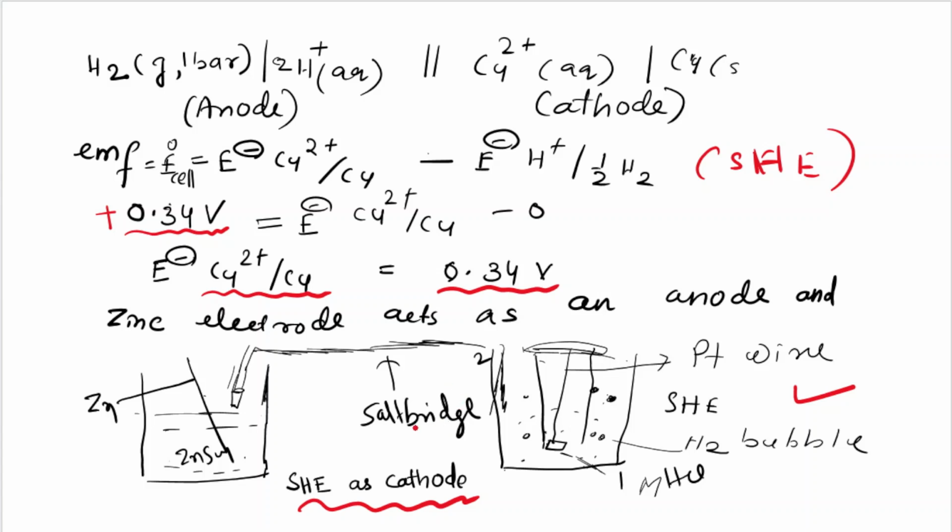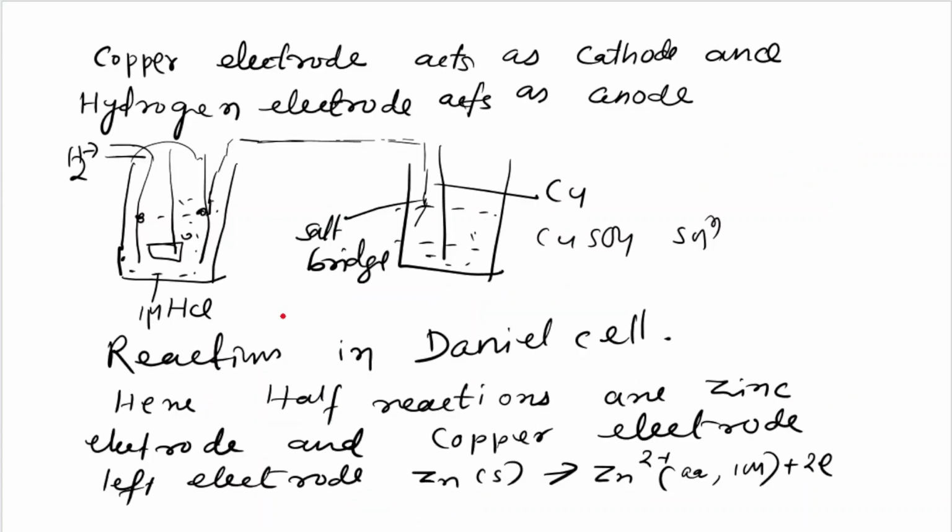So this is the calculation of the electrode potential of the zinc electrode. Here you can see the copper electrode acts as cathode and the hydrogen electrode acts as anode. Before that the hydrogen electrode acted as cathode, but here it is the hydrogen electrode as anode. This is anode and this is cathode.